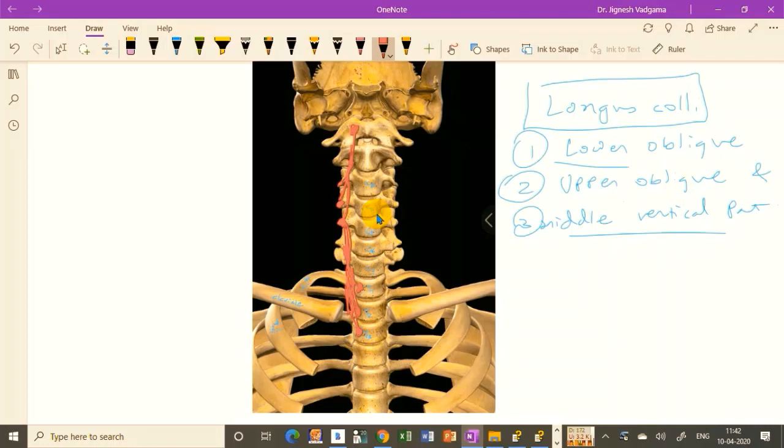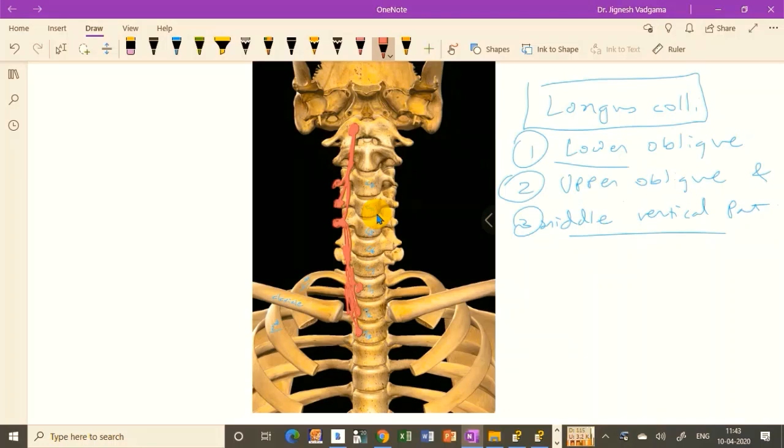So this upper oblique part arises from the anterior tubercle of the transverse process of C3, C4, and C5, and it passes upward and medially and attaches over the anterior arch of the atlas vertebra.